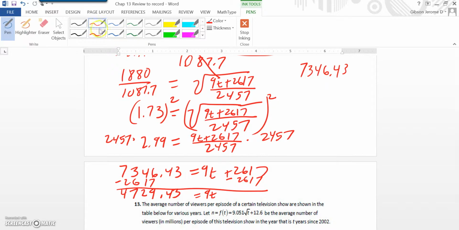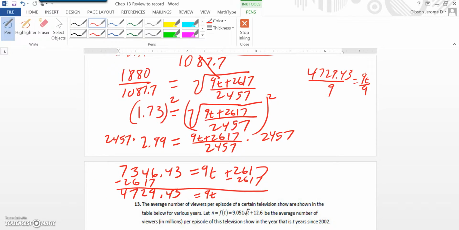So now we could take that value, let me erase this here. We can take that value, 4,729.43, and we divide each side by 9. We know that's equal to 9T over 9.